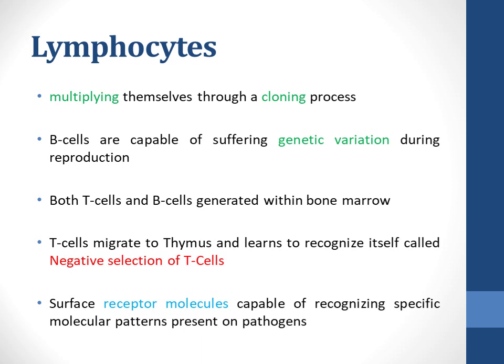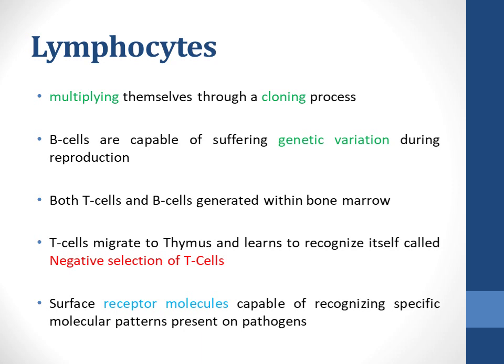These cells are capable of cloning themselves. Cloning means that these B cells or T cells can multiply themselves, so whenever something happens, they are able to clone themselves. B cells are specific in that they can go through genetic variation, meaning they are capable of mutation.